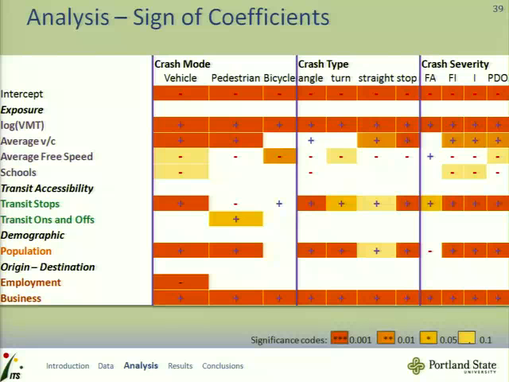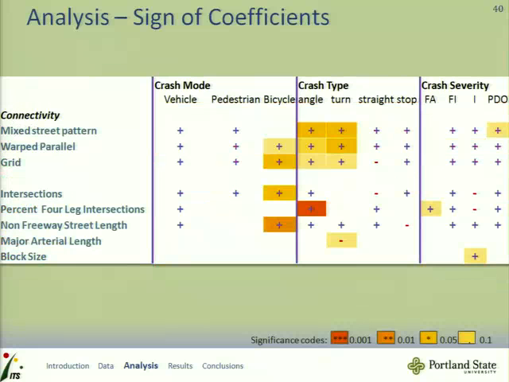So if you have a large employer, they might actually have fewer driveways in and out. The businesses could actually be a sign of how many driveways we have, and that can also tend to affect crash rates. So, not sure.